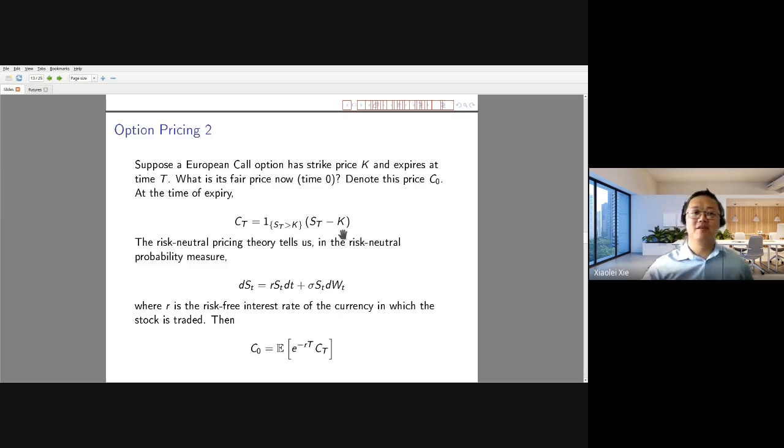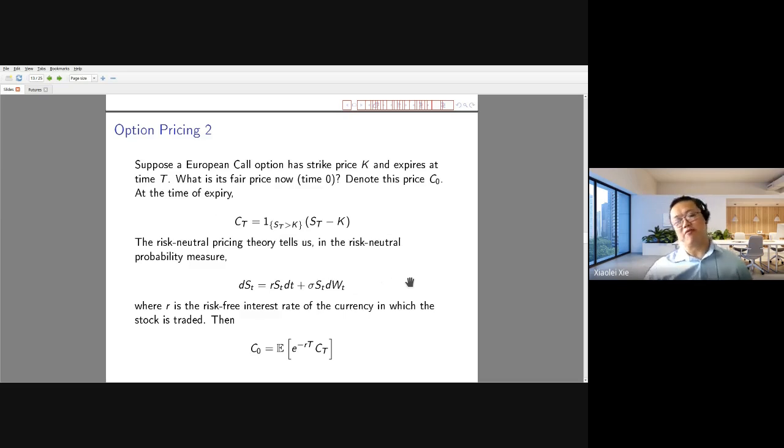And the risk neutral pricing theory tells us that we need to use a risk neutral probability measure to calculate the fair price of the option. In this probability measure, the drift mu is replaced by a risk-free interest rate that is applicable to the currency in which the stock is traded.